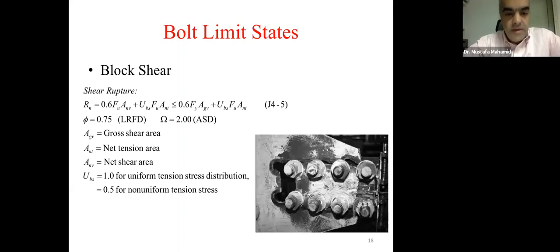But in shear connections, for example in coped beams, especially when we have multiple rows of bolts, we will have non-uniform tension, so we'll have 0.5. The two sides of the equation should be checked, and the smaller one will control.